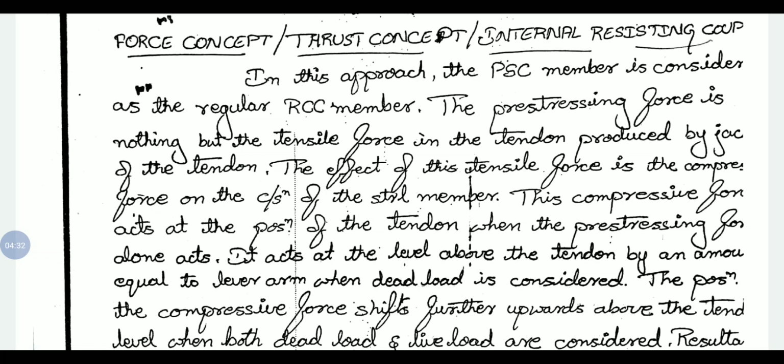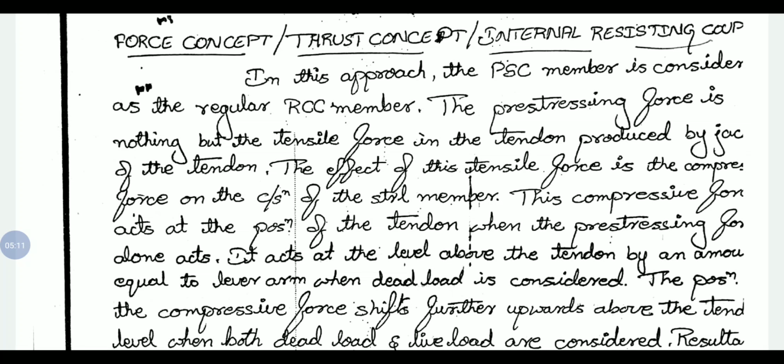So that compressive force or compressive stress will be acting exactly at the location of the tendon, that is when we consider only pre-stressing force in the member. That is, we are not considering dead load and live load. After consideration of dead load and live load, as the load increases, the compressive force gradually shifts upwards from the location of the tendon.